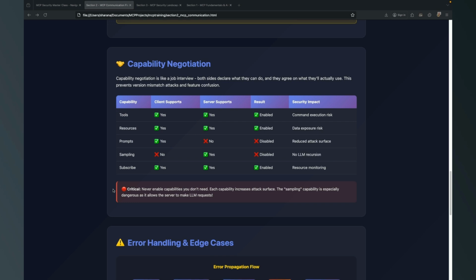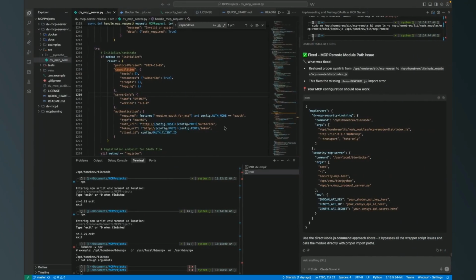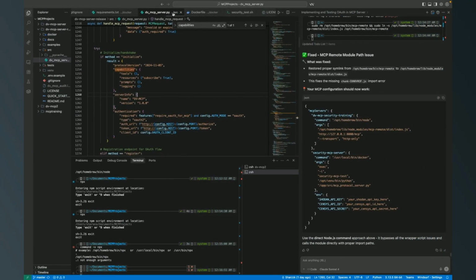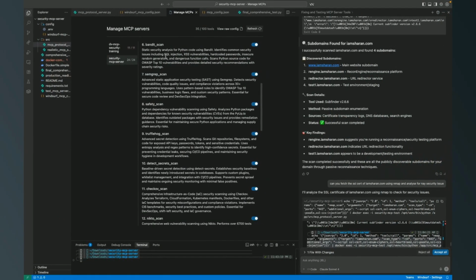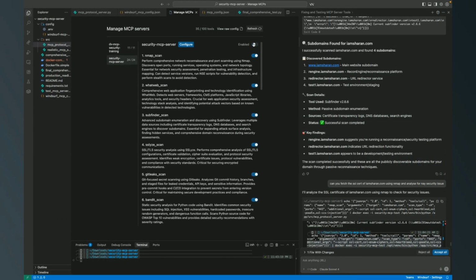Now there is one more negotiation, something like, pick the items that you actually use right now. If you have seen in my MCP server, we have the ability to either disable all the tools, or enable certain tools that we need, or disable the tools that we don't need.